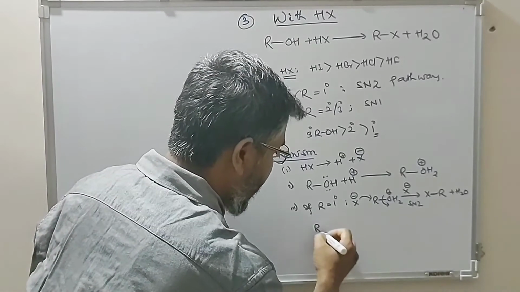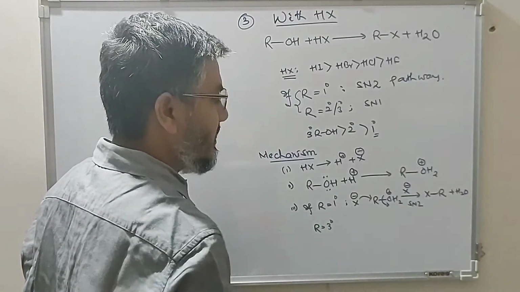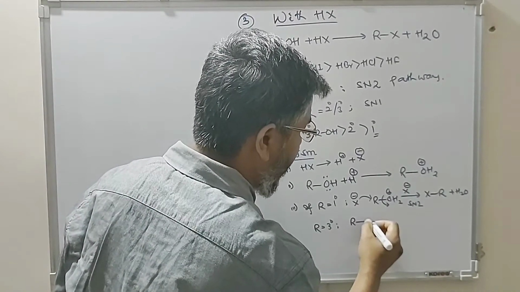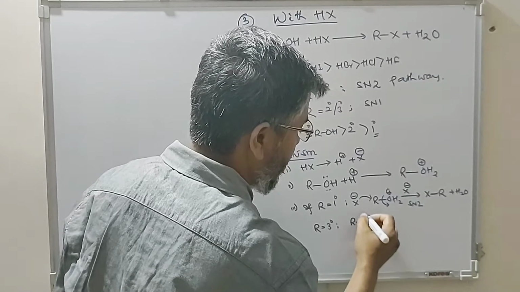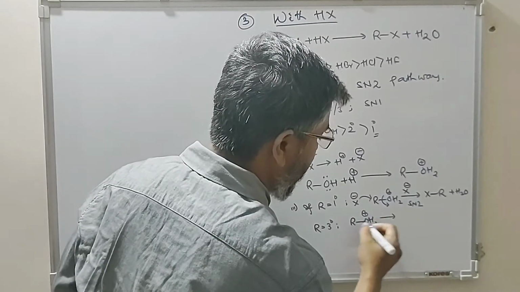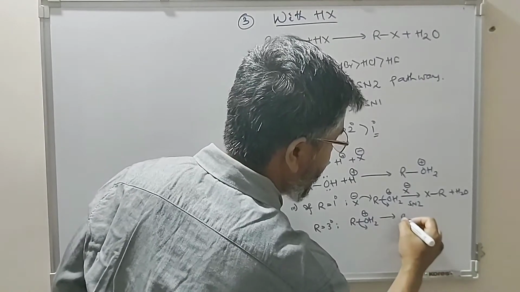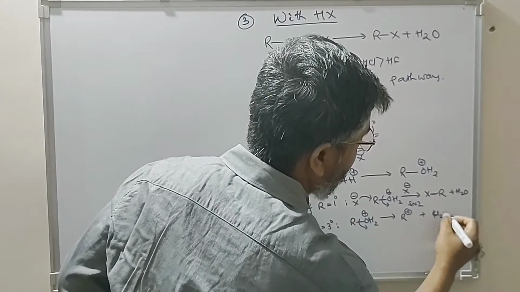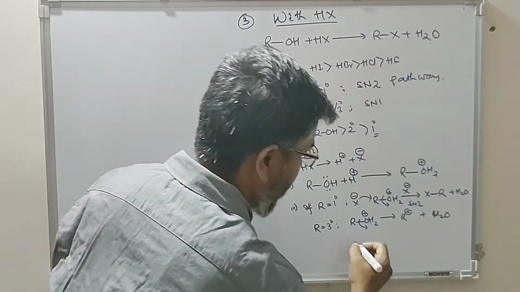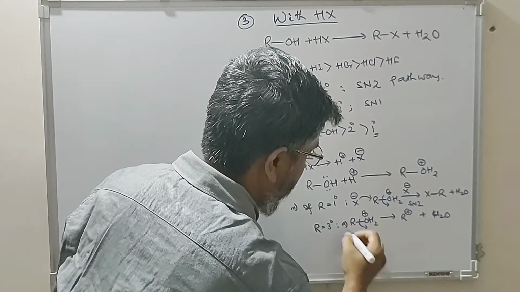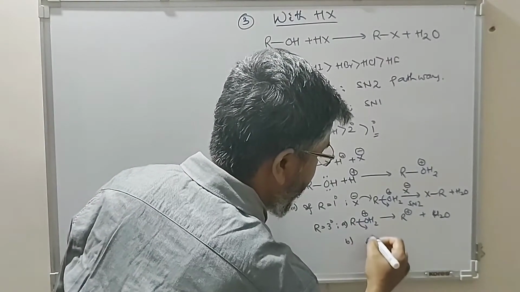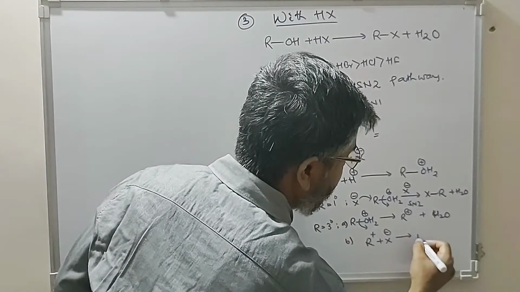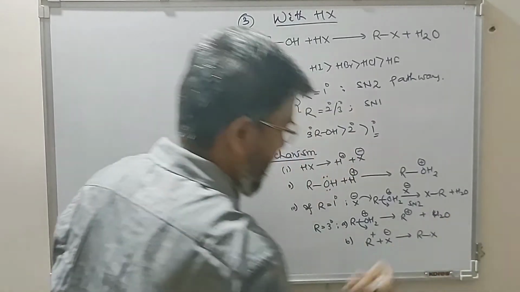But if the alkyl group happens to be tertiary or secondary, then this ROH2 positive breaks, giving rise to a carbocation. This carbocation R plus reacts with X minus and this gives you RX.